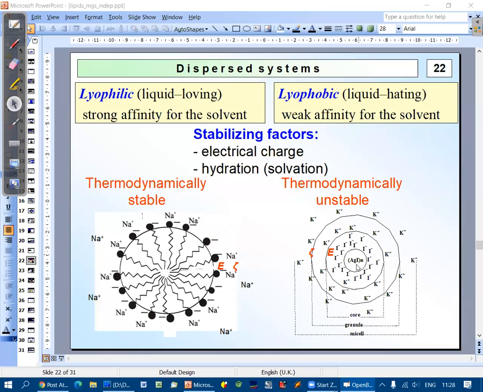this inner part is a microcrystal of an insoluble inorganic compound.